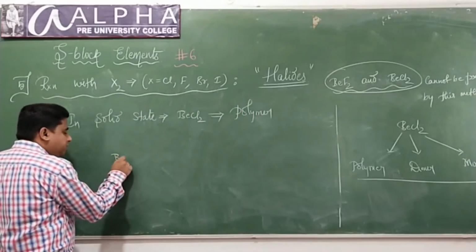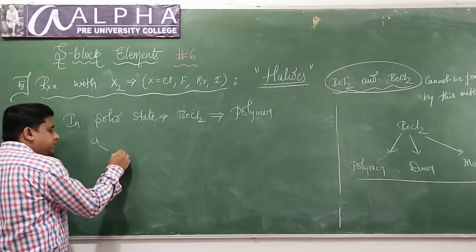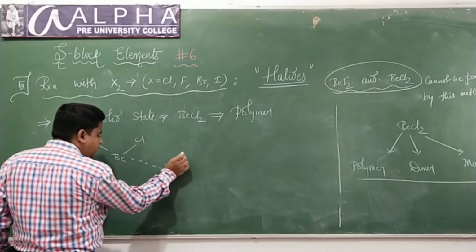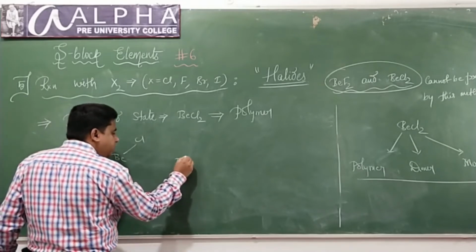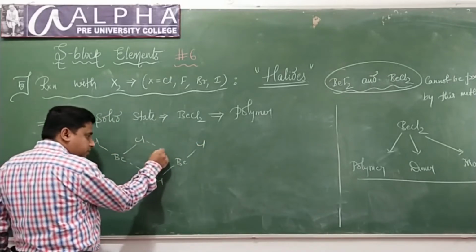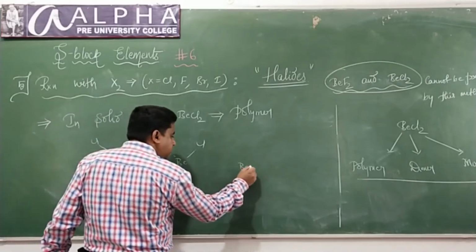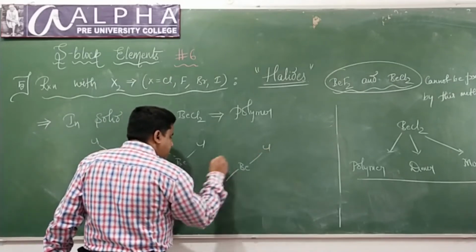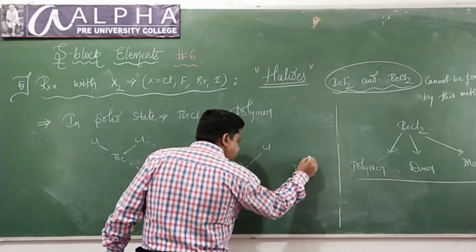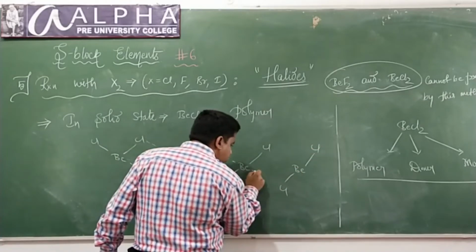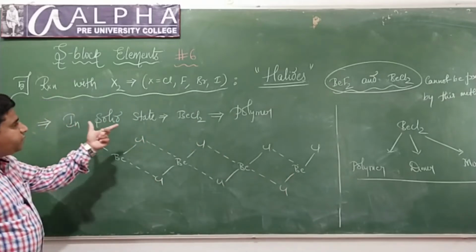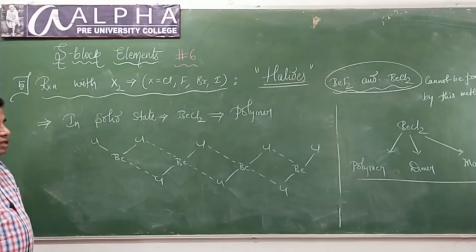It goes like this: beryllium, chloride, one more chlorine forms a bond with this, one more, like this. Like that it goes. It forms a polymer in which state? In solid state.